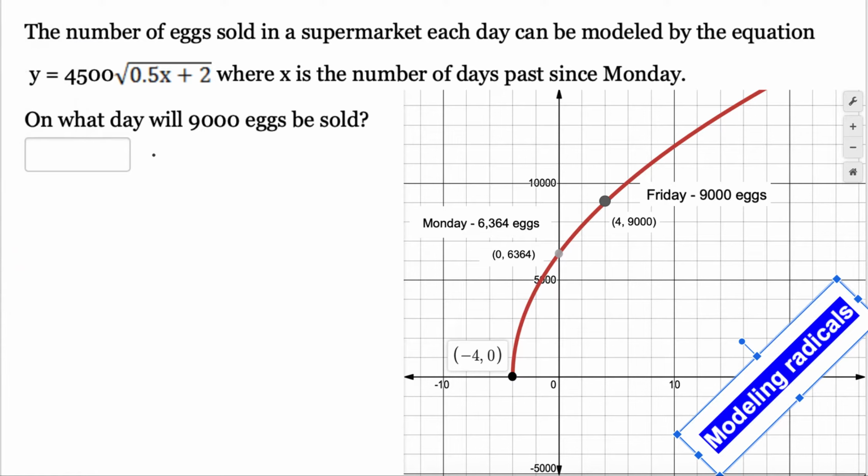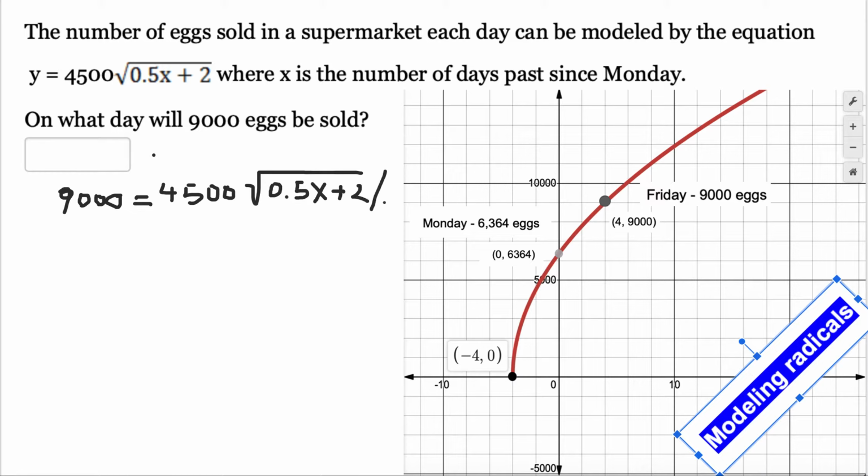We take this 9000 and equate it, instead of y, we write 9000, and we rewrite the equation the way it is: 4500 square root of 0.5x plus 2.